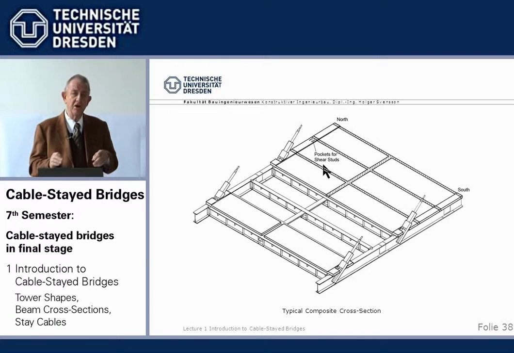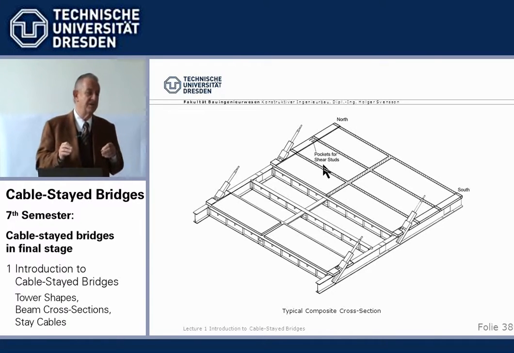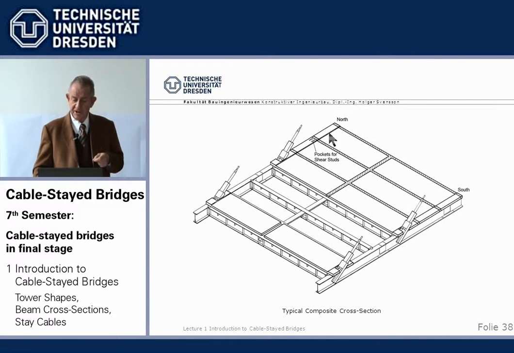There is one overriding consideration when using composite cross-sections. And this overriding consideration is keep away tensile stresses from the concrete slab. So, in longitudinal direction, we are compressed by the inclined cables.